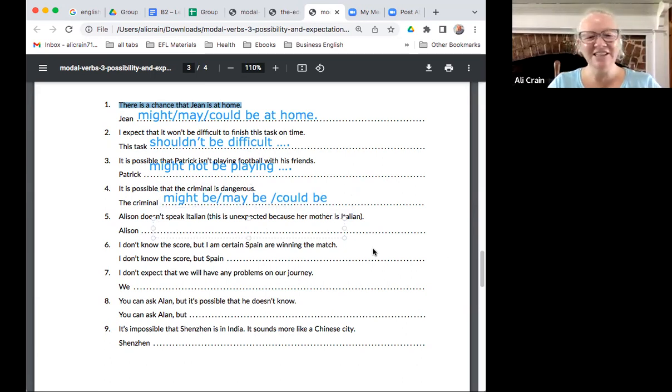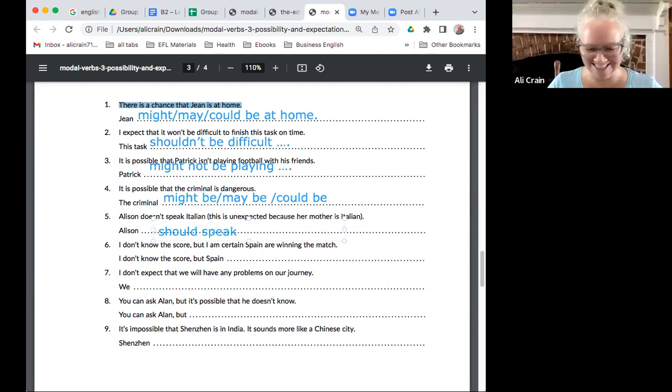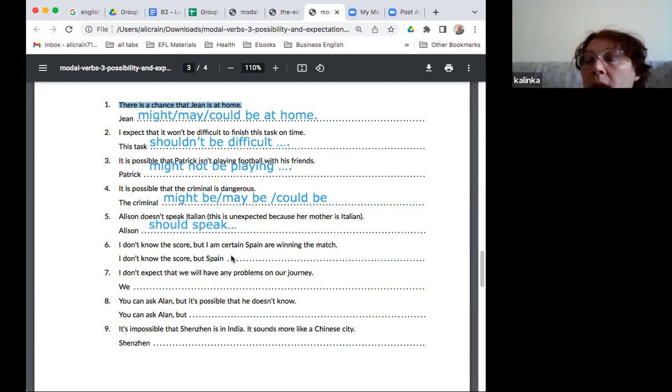Okay, Katya, number 5. Alison doesn't speak Italian. This is unexpected because her mother is Italian. Alison should speak Italian. Yes, exactly. But the sentence should be negative.